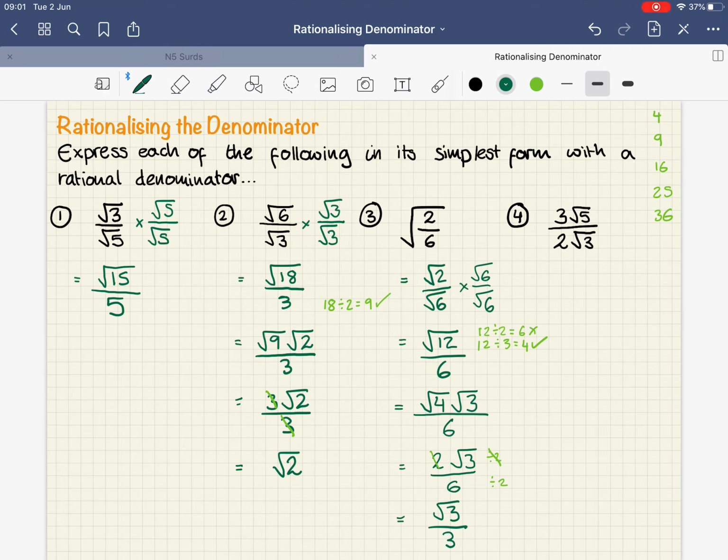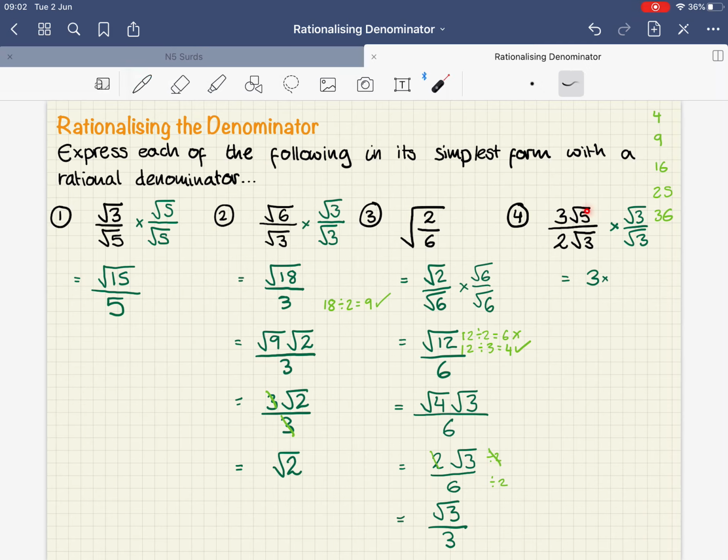Last one then. So I've got 3 root 5 over 2 root 3. Again, the main thing is you only multiply them by the surd that is on the bottom. So on the top there, that 3 is going to be left alone.